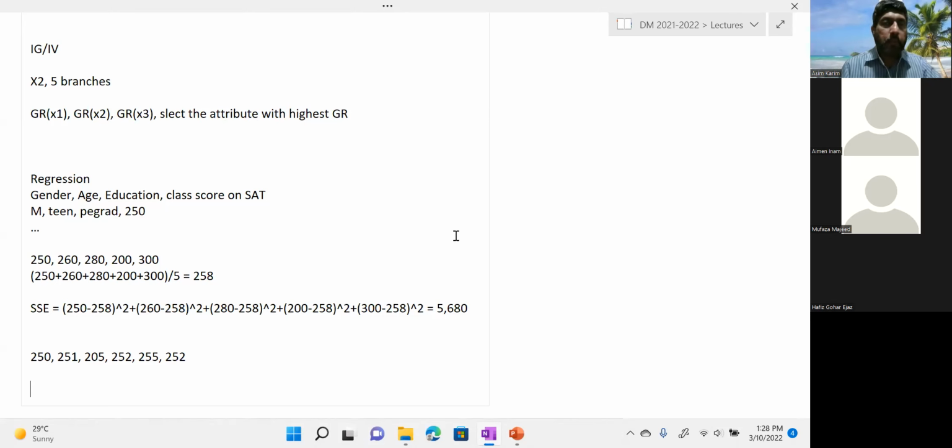If you want to read up on this, it is available in your main textbook, chapter 8, I think 2 or 1, I'm not 100% sure, but it's chapter 8. You will also find it in other textbooks, such as Introduction to Data Mining, and you can find it on the web as well.